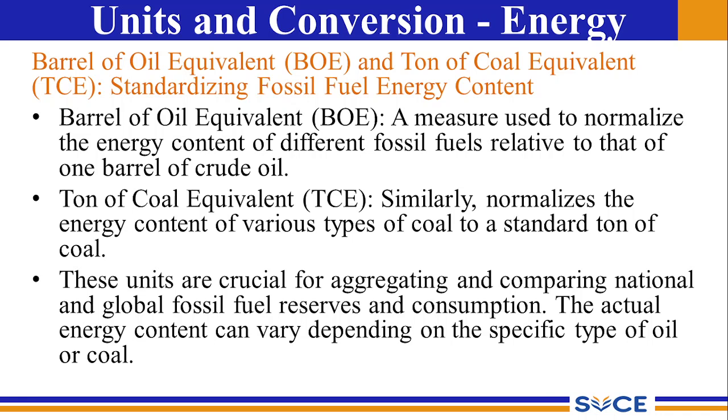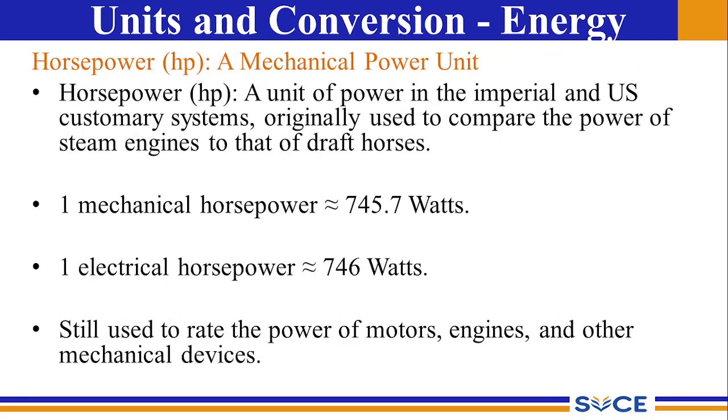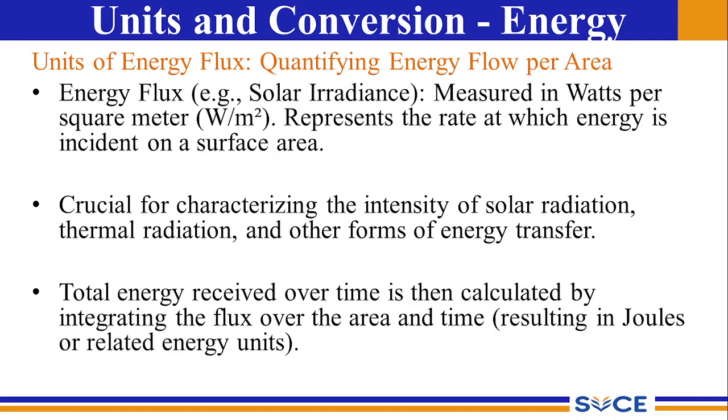Then we saw about another important unit, which is horsepower. Mechanical horsepower is 745.7 watt, 746 watt is for your electrical horsepower. It is used to rate the power of engines and motors and other mechanical devices as well. Then we went on into energy flux.